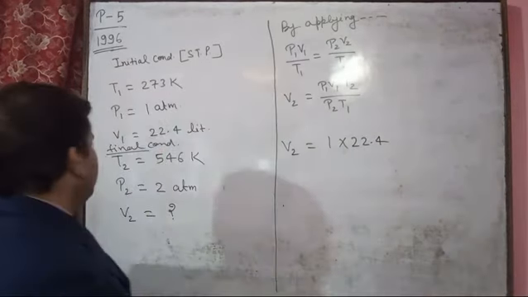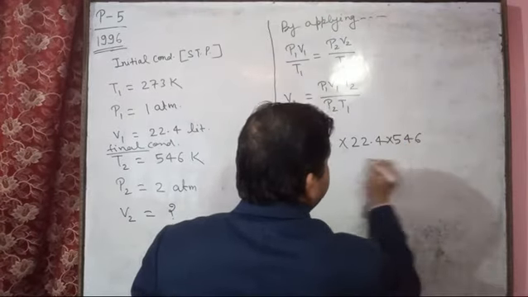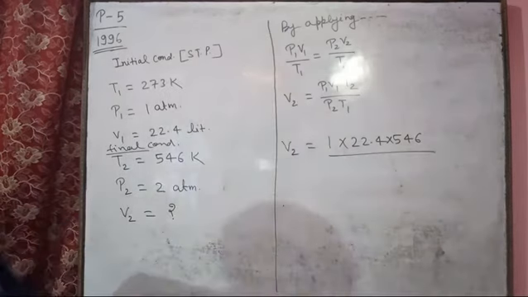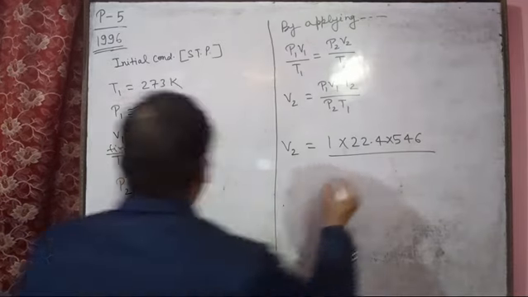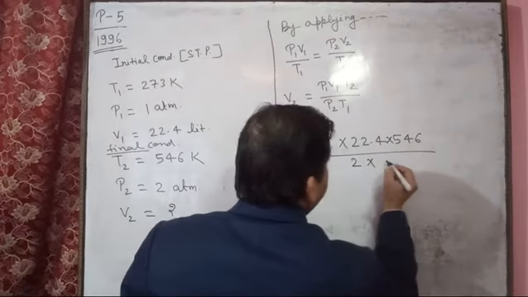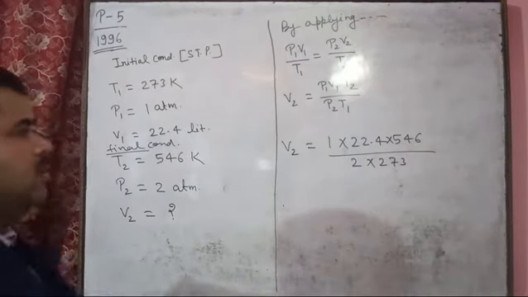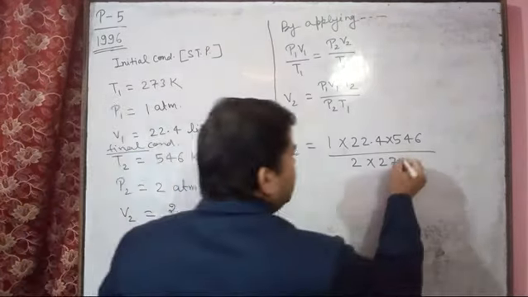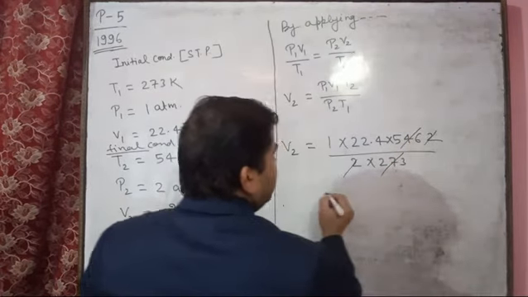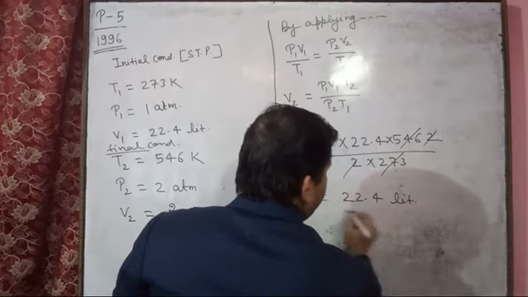T2 is given as 546, upon P2 given as 2, and T1 given as 273. In this way we will get 22.4 liters.